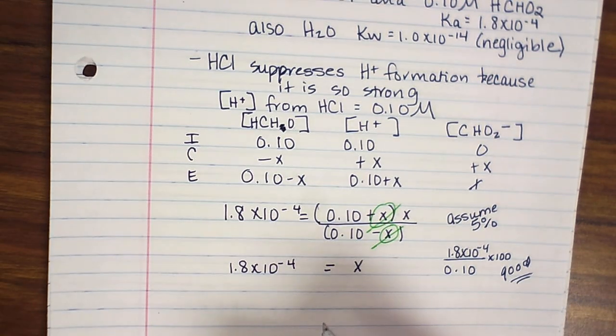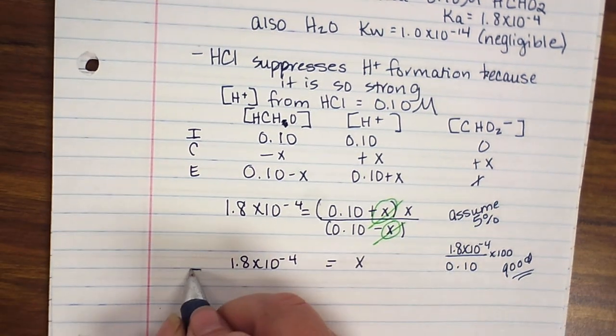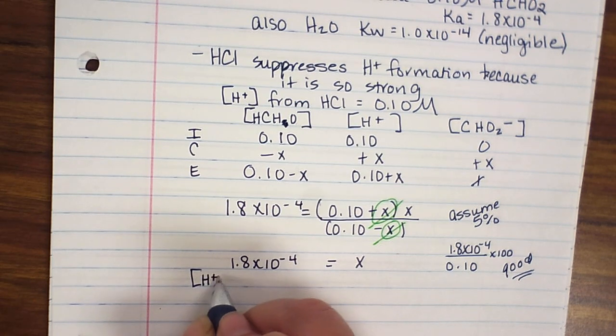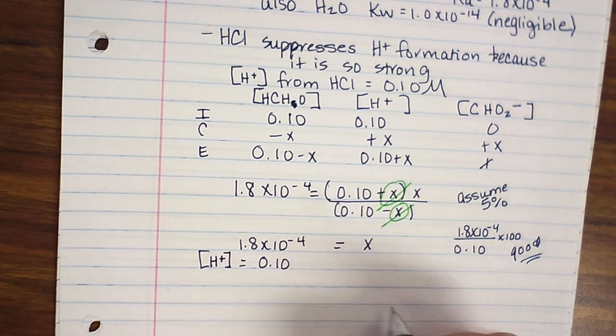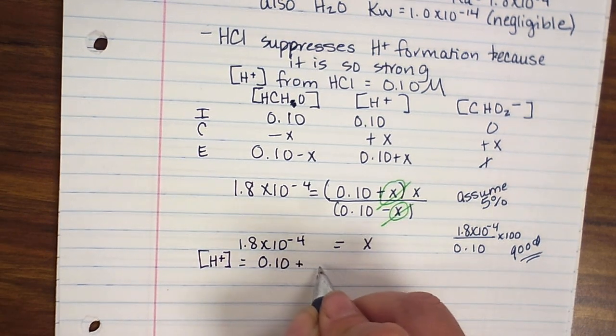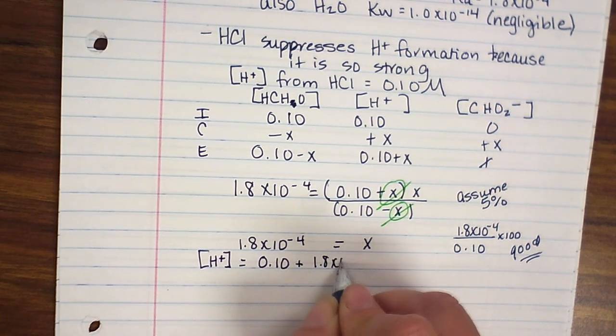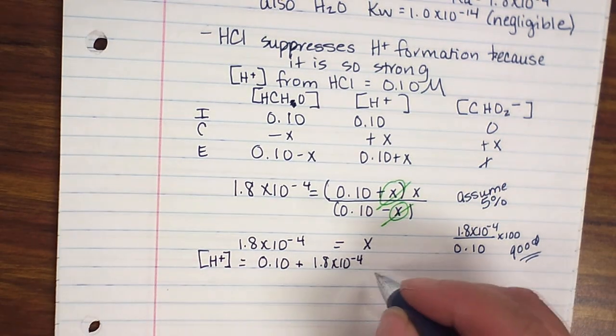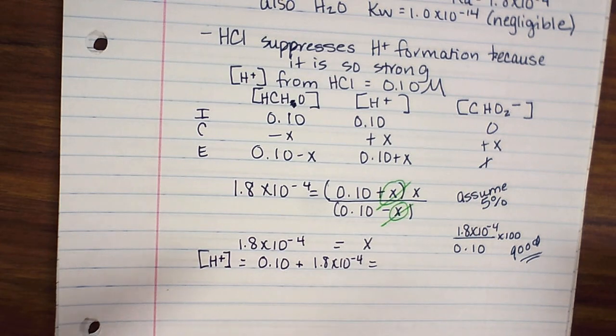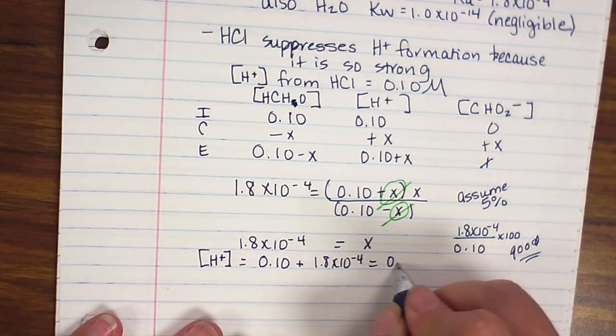All right. And so now I know that my concentration of H plus is equal to 0.10 plus 1.8 times 10 to the minus 4. Well, that's just not even significant relative at all. So 0.10.